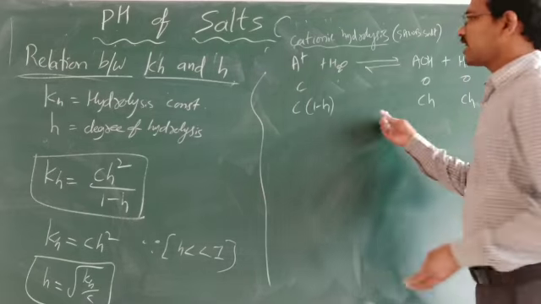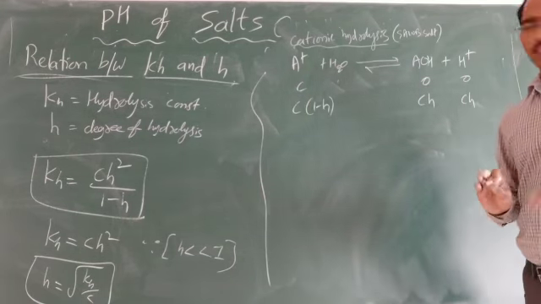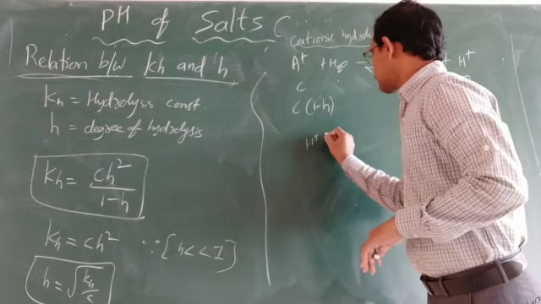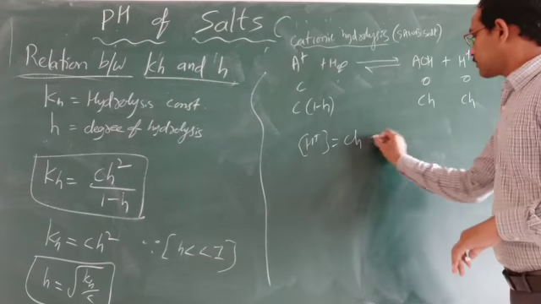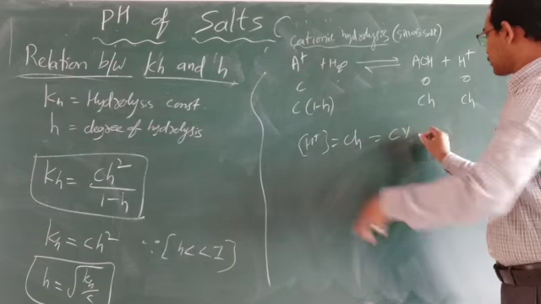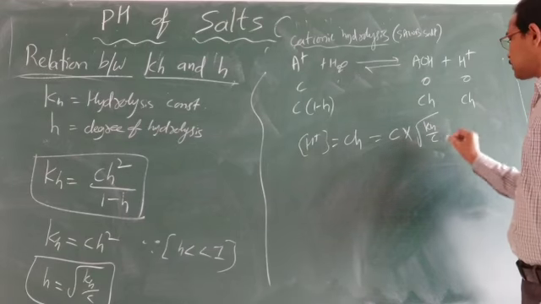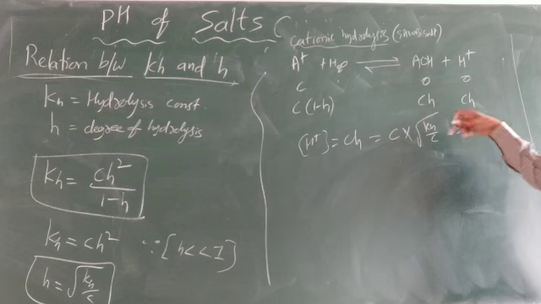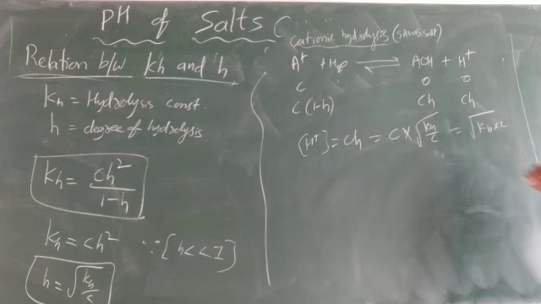See, our main target क्या था? H plus concentration चाहिए, उसके बाद pH is the ultimate, right? Now I can write it here in this case. H plus concentration equal to CH. That means C into H means under root of KH by C. That means C, if it comes under C square होगा, C get cancel. That means under root of KHC.